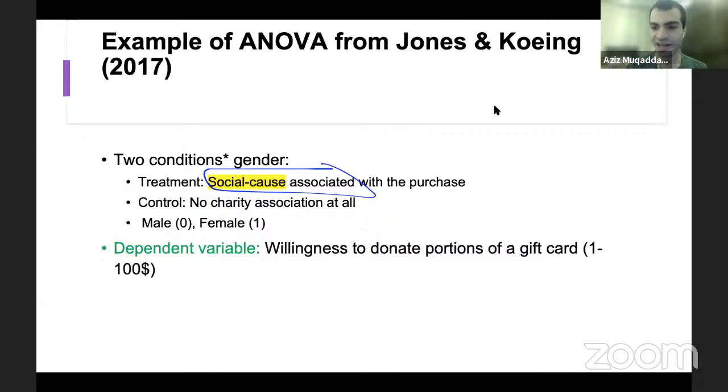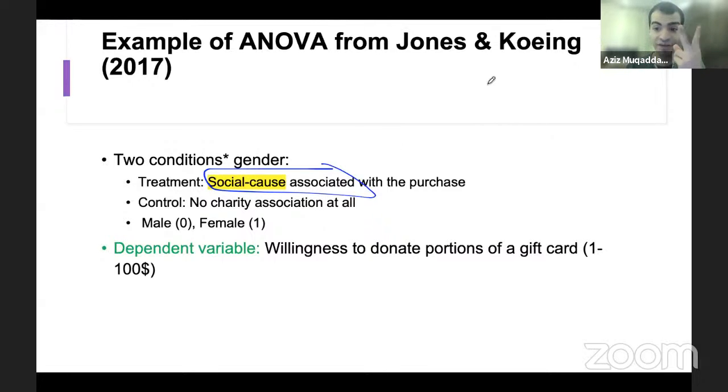Okay, so it's just like a regular product, no saving the environment. And then in a follow-up question, they would ask you, imagine you have a $100 gift card, what percentage would you like to donate to charity, okay? So they had these two conditions: social costs associated with the purchase and no association with social costs, okay?